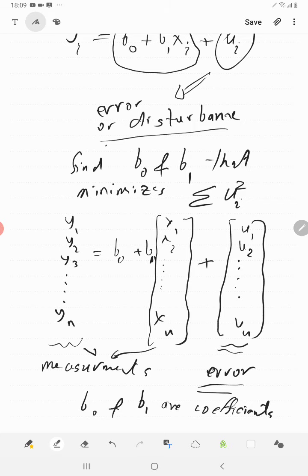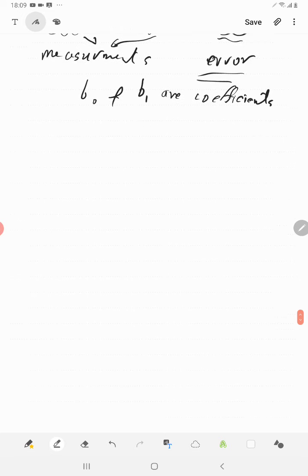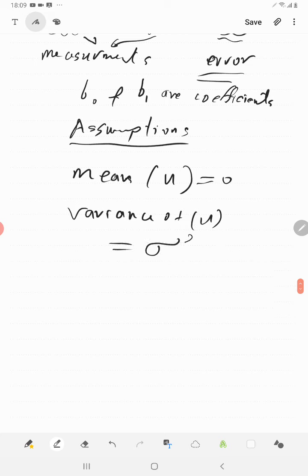Okay, now we make assumptions that the mean of u equals 0 and the variance of u equals sigma squared.